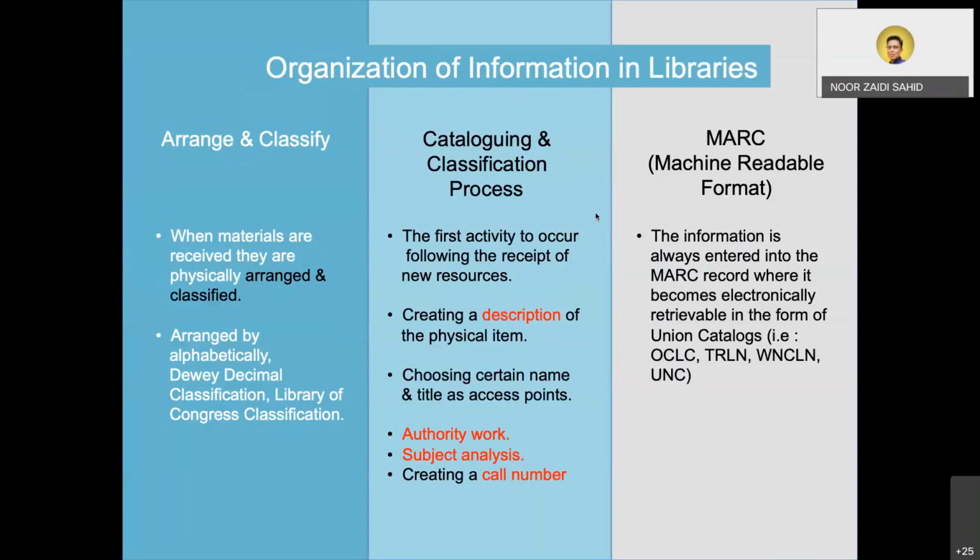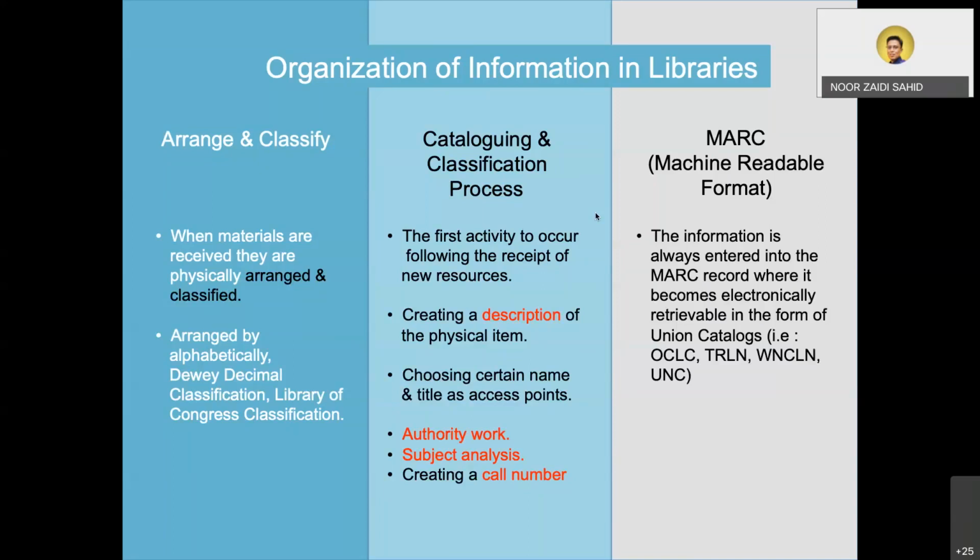Buku tu diterbitkan oleh contohnya pejabat korporat UiTM. Dia tak ada nama pengarang. Siapa pengarang dia? Staff di pejabat korporat contohnya. Jadi kita tak boleh search under username or author name. In this case, dia kata sebagai name sajalah, tetapi bukan author name.